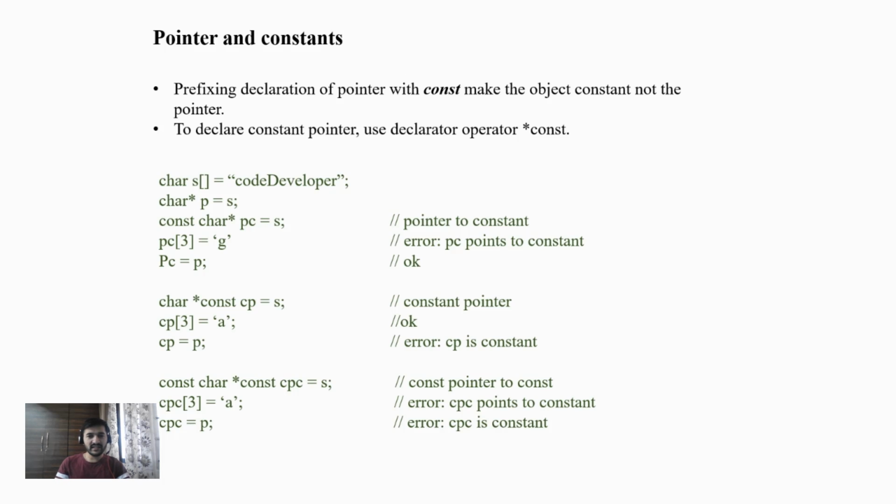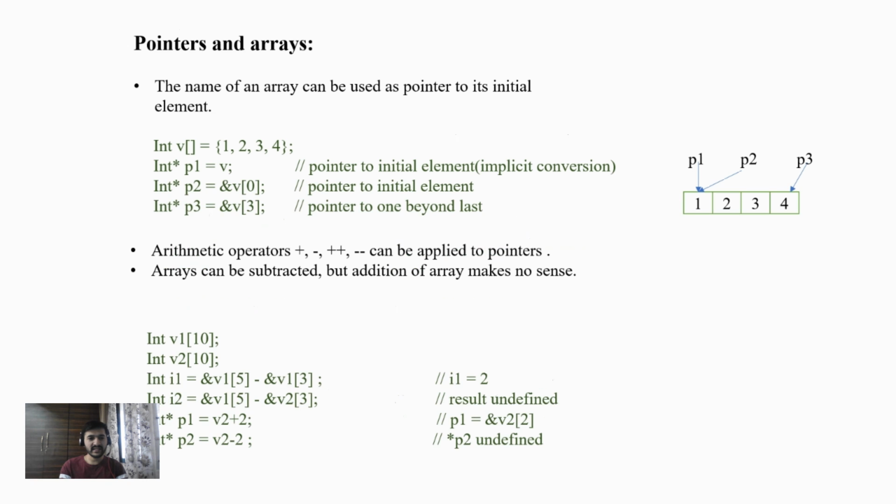It's very interesting. When we create a pointer, we are actually dealing with two objects: one is the pointer itself and another is the object to which the pointer is pointing. So in our previous case, when I created p1 with v, we are dealing with two objects, p1 and v.